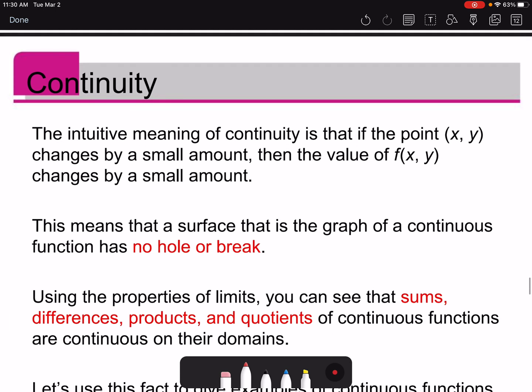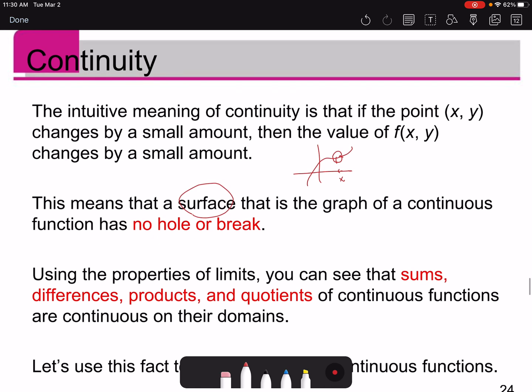So the intuitive meaning of continuity is that if the point (x, y) changes by a small amount, then f of (x, y) changes very little, because the function is continuous, right? You change x just a little bit, the function value does not change much. You can say also the surface instead of a line. Now we have a surface that describes a continuous function that has no hole or break.